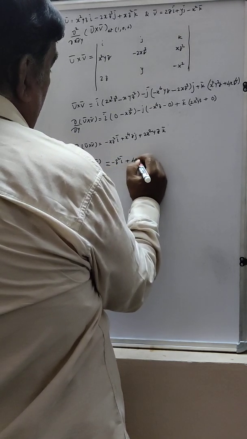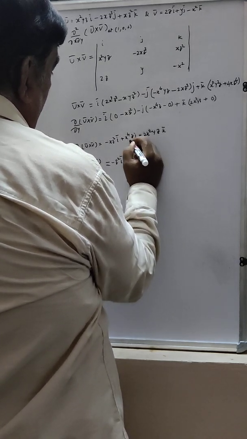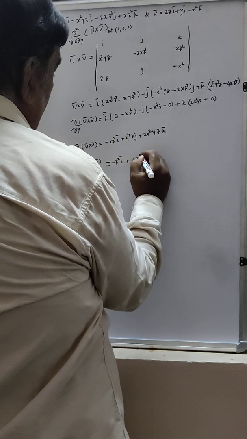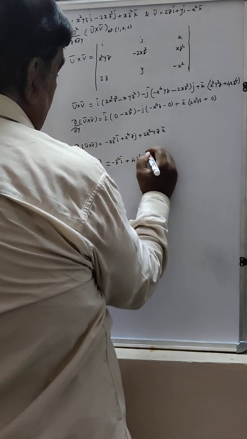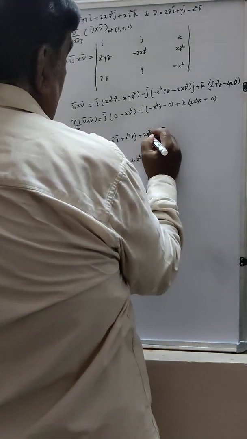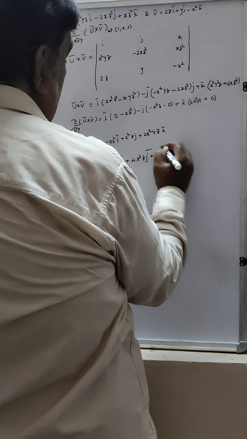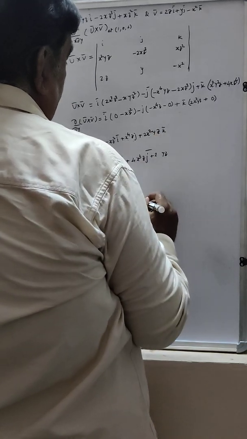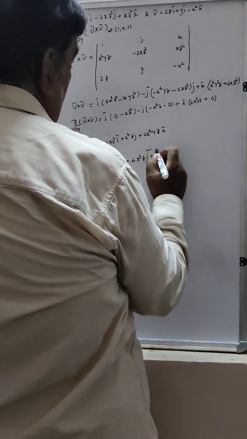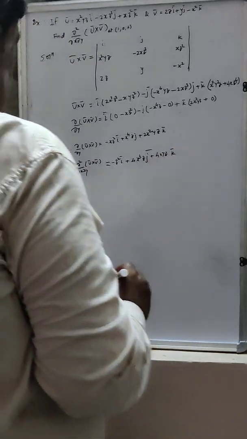Here z is constant, therefore derivative of x raised to 4 is 4x cube z, j vector, plus here 2yz is constant, derivative of x square is twice x, so 4xyz k vector.